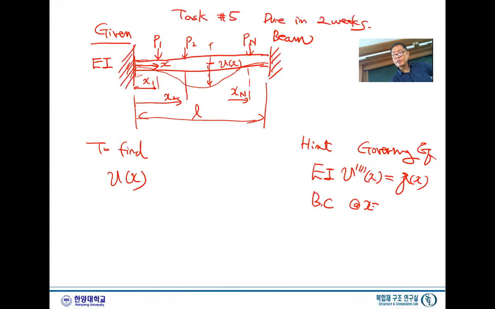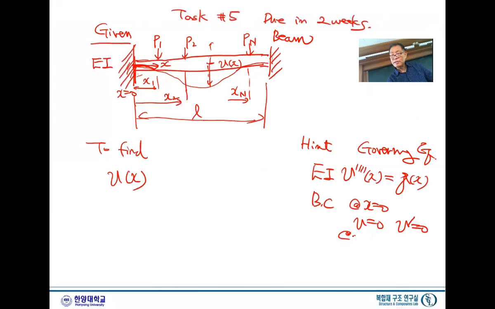At x equals 0, here, we have the deflection is 0, right? Deflection is 0. And what else? Slope is 0, right? The slope has to be 0. So the slope is v prime.